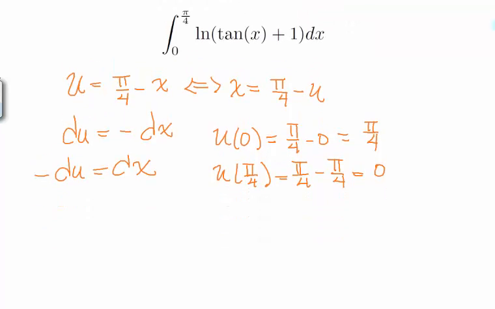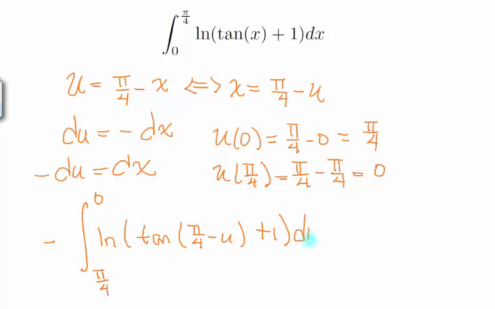So this integral becomes, minus because of the minus du, from pi over 4 to 0 of ln of tangent of x plus 1 du. But what is x? Well, x is pi over 4 minus u. Now this negative here, what does it do to the integral?